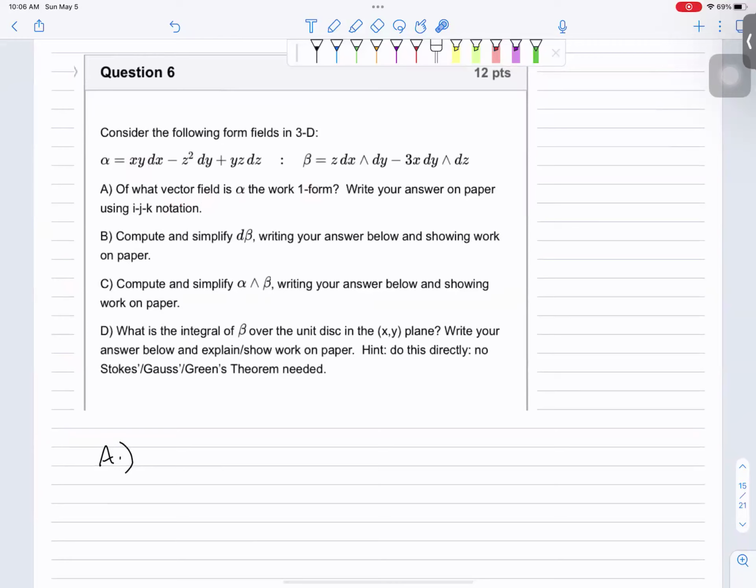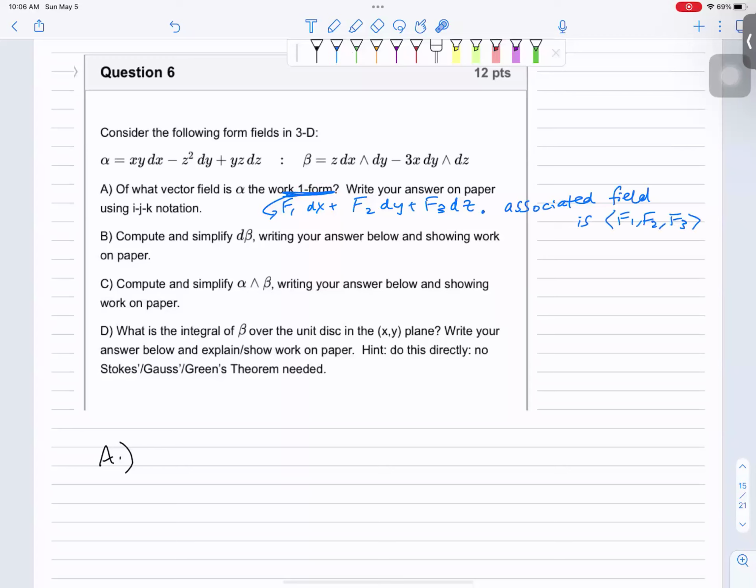Well, the work 1 form is written as the first component dx plus second component dy plus third component dz. The associated field is F1, F2, F3.